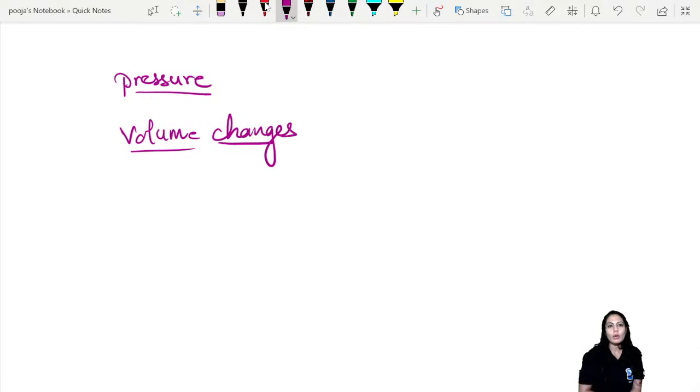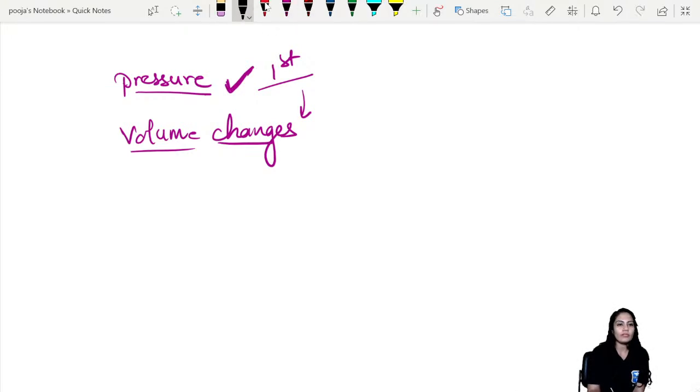Whenever you talk about pressure changes or volume changes, what you have to know is that first there will be a change in the pressure, and then there will be a change in the volume. So first pressure changes take place, and then the volume changes take place. Whenever the pressure changes are taking place, at that time the volume will be the same. So let's write that down.